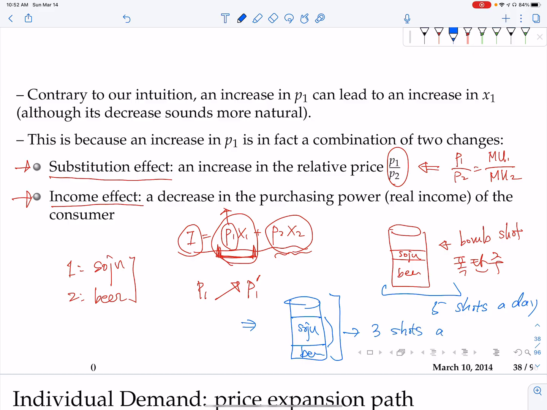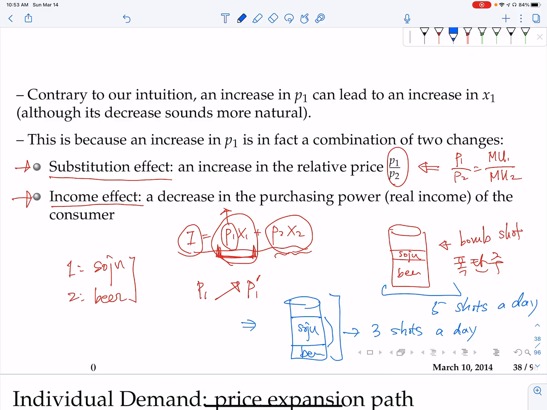So maybe you want to increase the consumption of soju because you just can't afford too many glasses of alcohol anymore. So to get drunk quickly, you might want to pour more soju than beer, right? So that's the income effect.